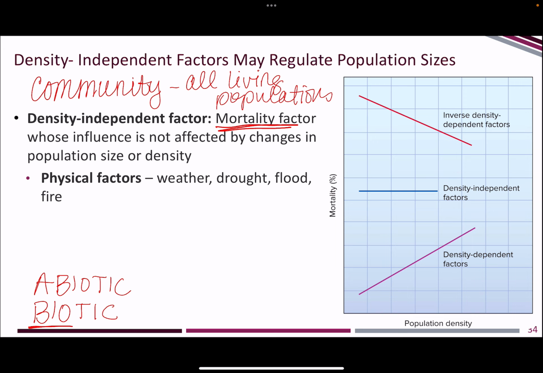So if we look at this graph on the right, we've got population density on the x-axis, mortality rate on the y-axis. So basically this graph in the middle is showing us that it doesn't matter if we have one individual or we have a whole bunch. Their mortality is being affected in exactly the same way.